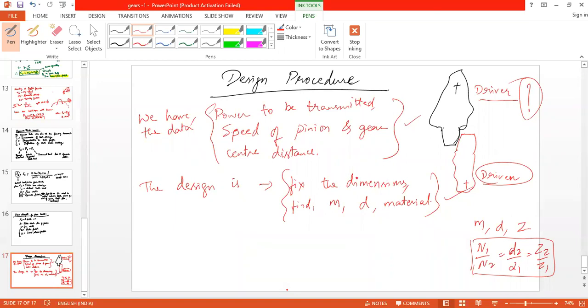Okay. So here we need to design the weaker member, that is either it may be gear or the pinion. If we design for the weaker member, then the stronger member will not fail at all.